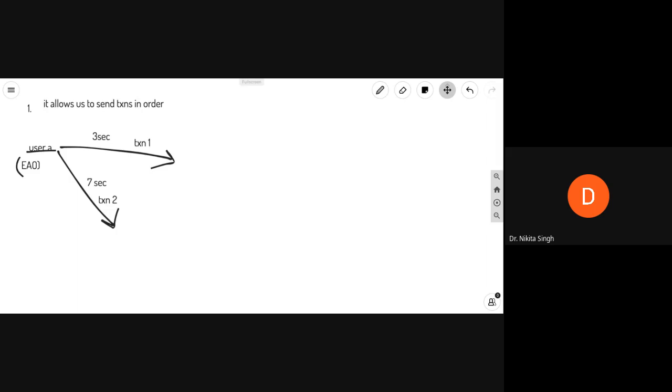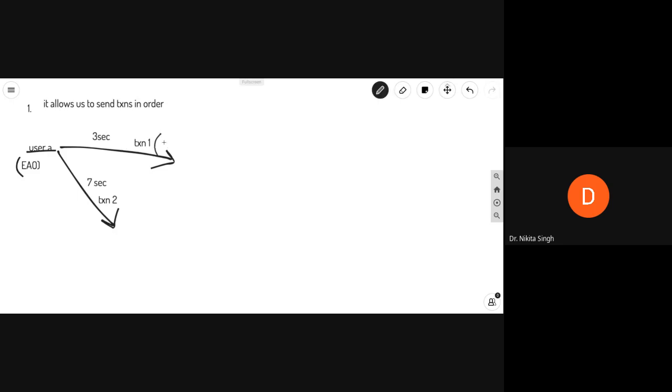But here is what nonce does. The magic of Ethereum is that you have a nonce associated with the transaction, this account nonce. So what account nonce will do here is that miners will need to process the transactions in order.